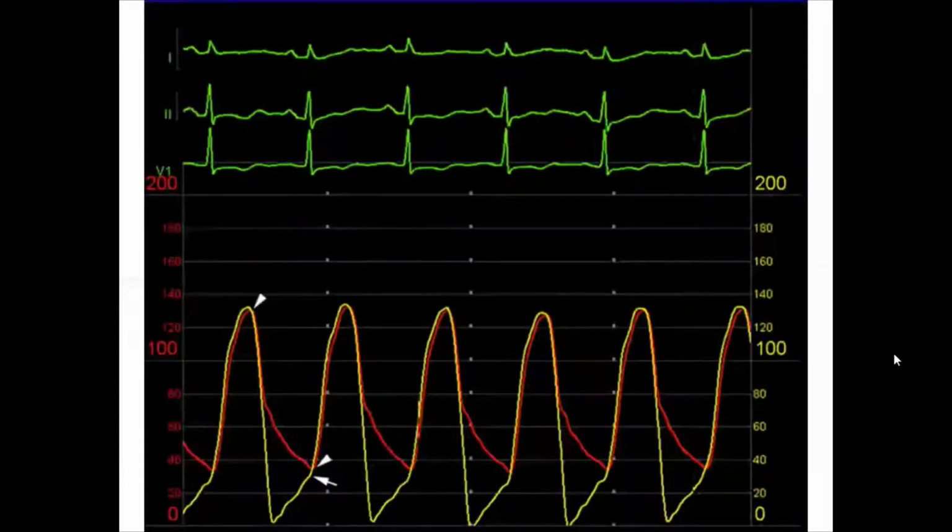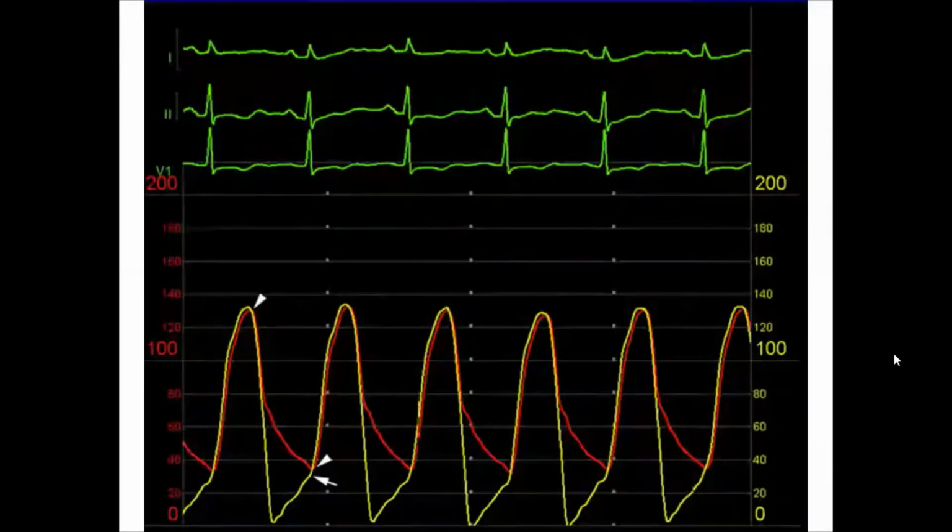Okay, what about this one? If we apply the same approach as for the previous tracing, here the difference is a wide aortic pulse pressure. So this indicates chronic aortic regurgitation.